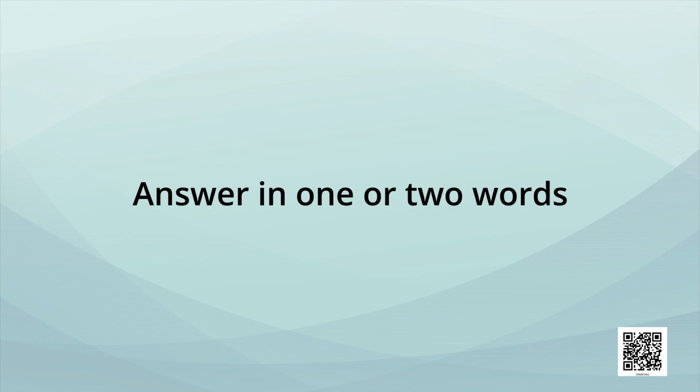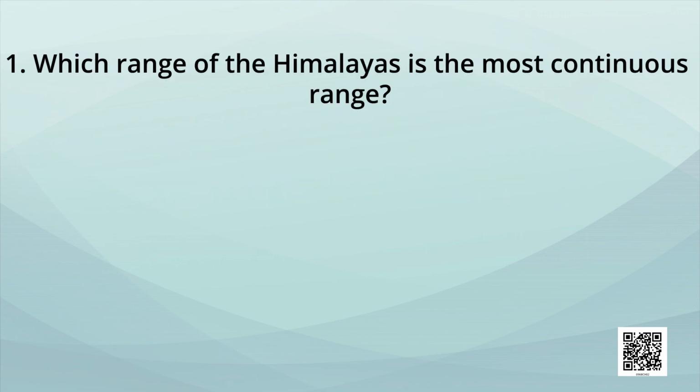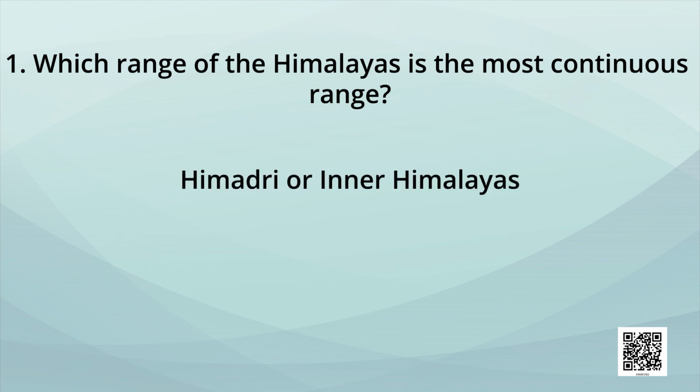Good. In the end, we have some questions which you have to answer in 1 or 2 words. And the first question is, which range of the Himalayas is the most continuous range? And the answer is, yes, Himadri or Inner Himalayas.